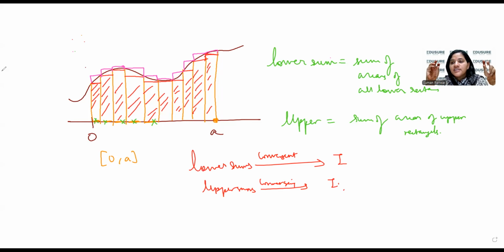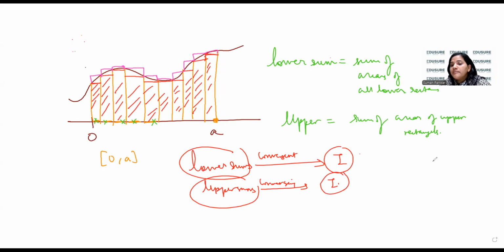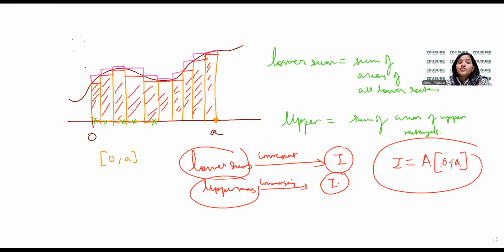If these two functions are approaching a limit, the middle function will also approach the same limit. Same thing is going to happen over here. If the lower sums are converging to I and the upper sums are also converging to the same I, this I is nothing but the area under the curve in the interval [0, a]. Okay, so why do I say lower sums are converging to I? Because I do not have one lower sum. With respect to each partition, I will have a sum.